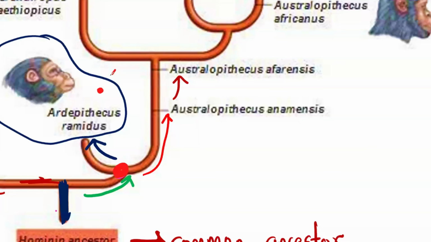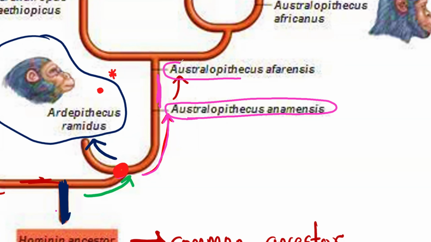After the speciation event, we had another species here that led to the formation of Australopithecus anamensis. But now Australopithecus anamensis proceeded and evolved to form Australopithecus afarensis.